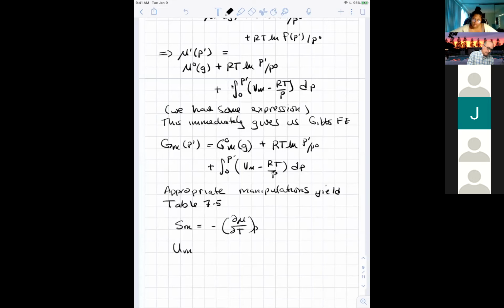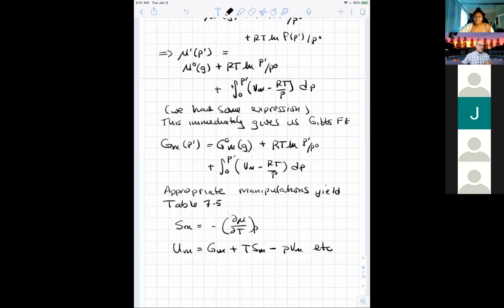The internal energy is the molar Gibbs free energy plus T times SM minus PVM, right? We did this on a problem set. Remember that one problem where you just had to do a bunch of different derivatives? So once we have this analytic expression in terms of free energy, we can get all the other ones.